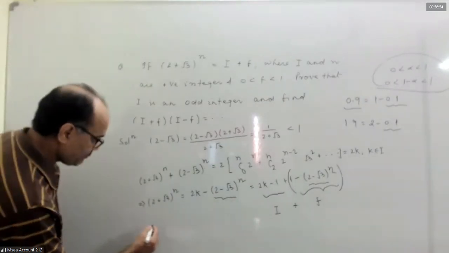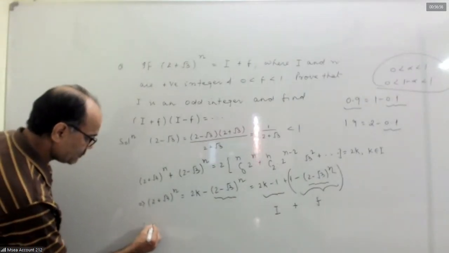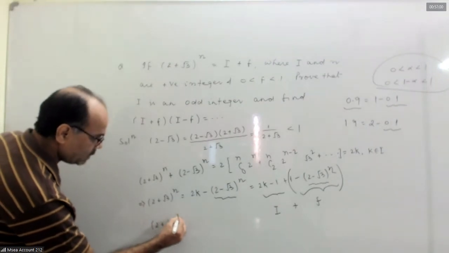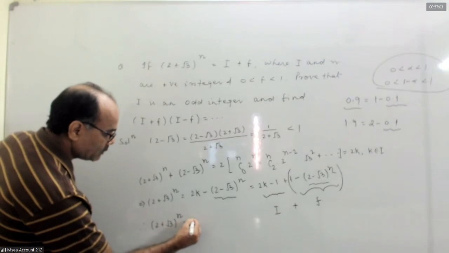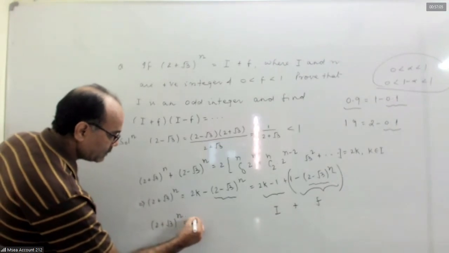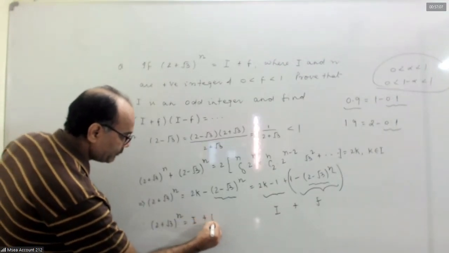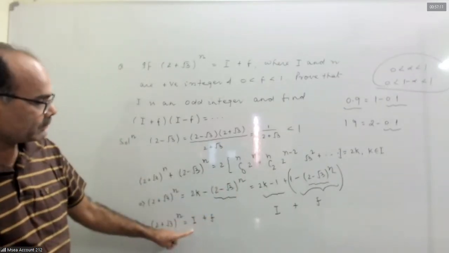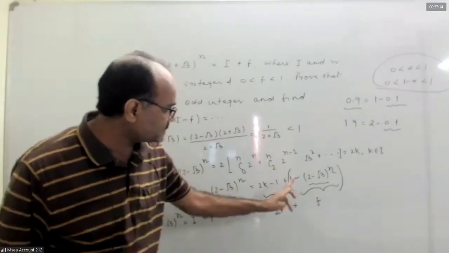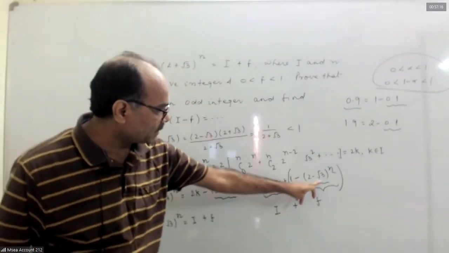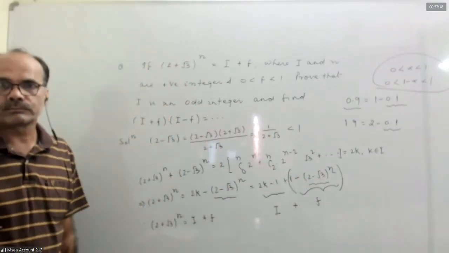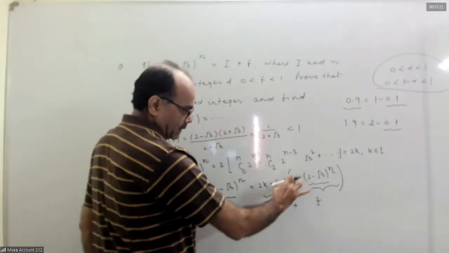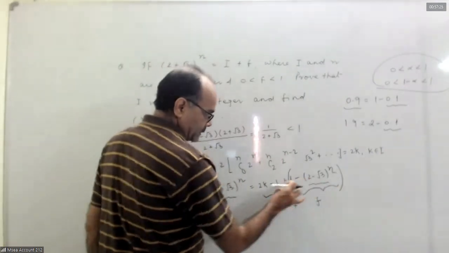So, 2 plus root 3 to the power n, is it visible? Is equal to I, an odd integer, plus f, where I is 2k minus 1, an odd integer, and small f is how much? 1 minus, yes, sir, because between the integral part and the fractional part there should be a plus sign.